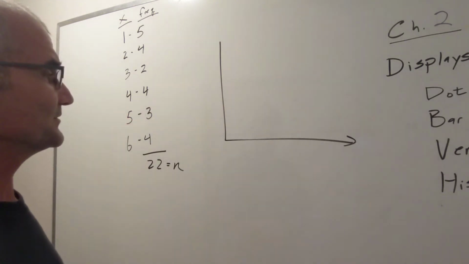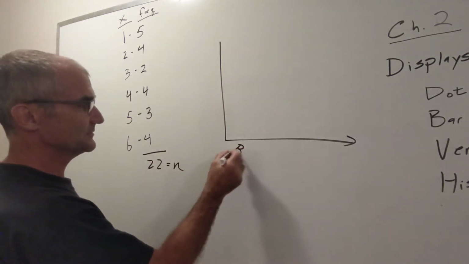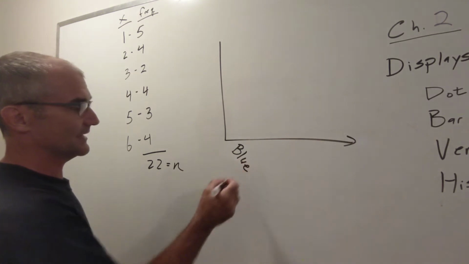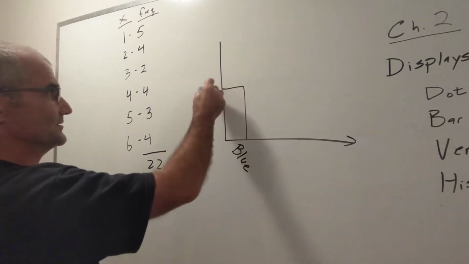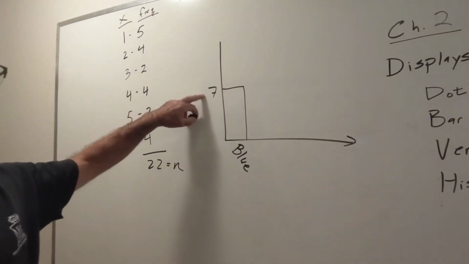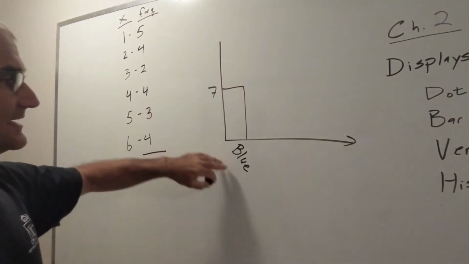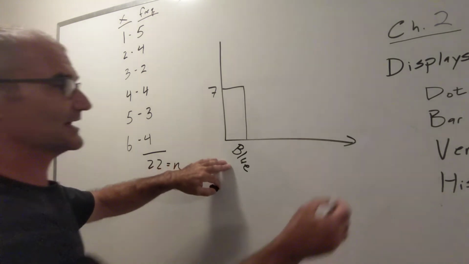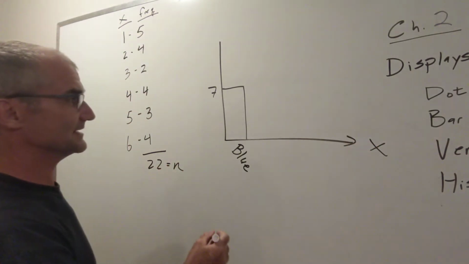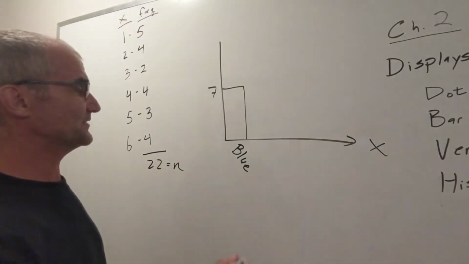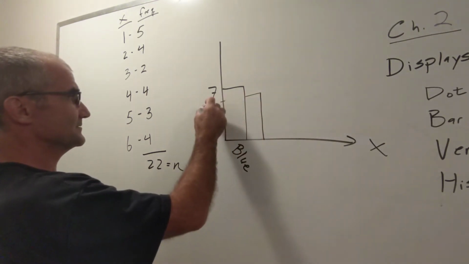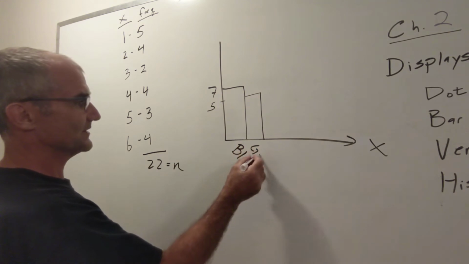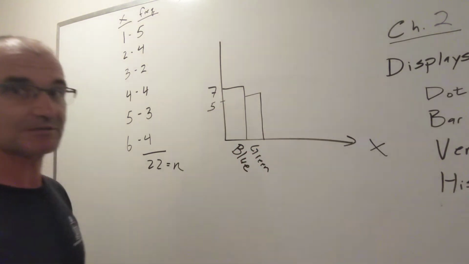When I say how many people's favorite color is blue, and 7 kids put their hands up, so I draw a bar 7 units high. Again, this would be the frequency, and this would be the X value, the actual value. Then I ask how many students have the favorite color of green? And only 5 kids raise their hand.